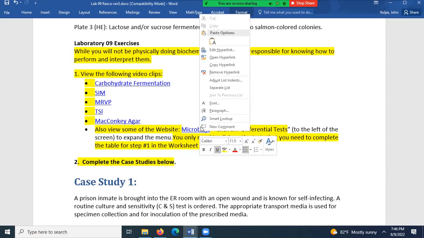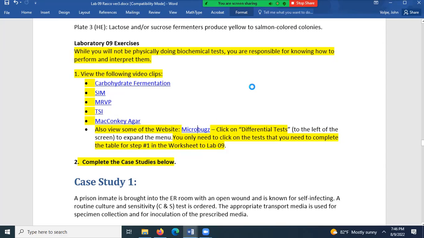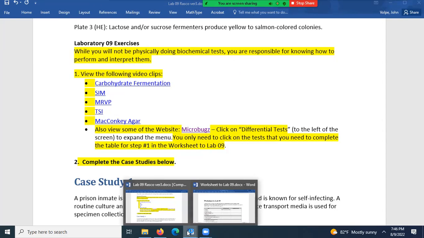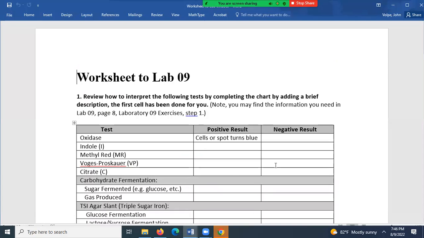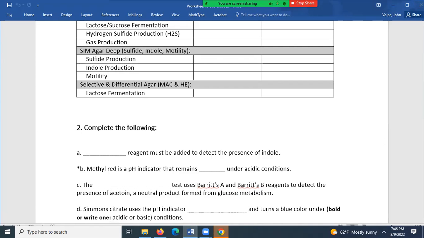Let me go ahead and open that. For Microbuzz, you need to look at the information on the Microbuzz website.